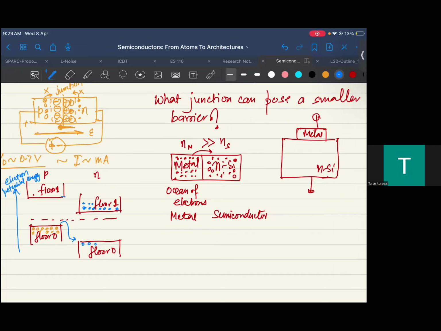That means your electron here has to gain potential energy to go to this side, right? So there is definitely some barrier you are going to face. And that is what we saw this junction arising from. When these two things are connected, you see this barrier is going to appear this way.